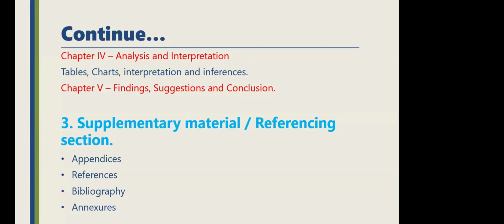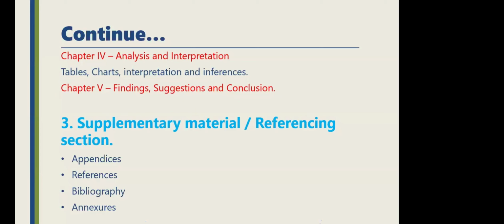And next is the supplementary material or referencing section. This section includes additional information that supports your research, but it is not essential to the main body of your report, because it ensures that your research is properly credited and follows academic standards.